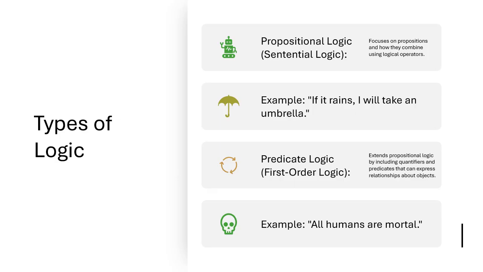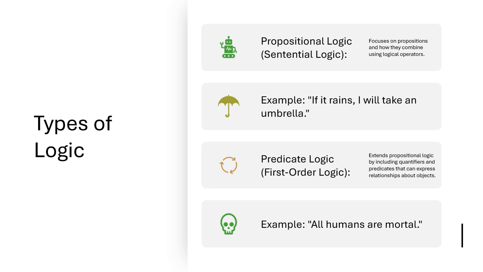And the types of logic: one is propositional logic, next is predicate logic. Propositional logic focuses on propositions and how they combine using logical operators. If it rains, I'll take an umbrella. Okay, so this is propositional logic, and this can also be called sentential logic.